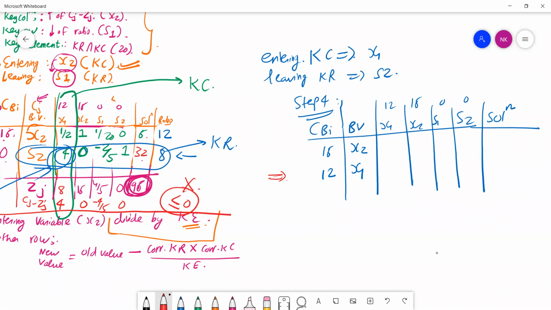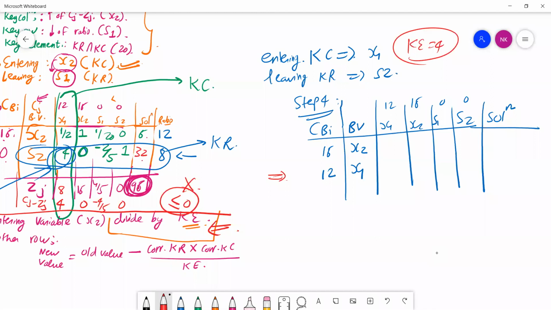The entering variable is x1. For the calculation of the entering variable values, you just divide by the key element. The key element is 4, so divide all the values by 4. 4 divided by 4, it's 1. 0 divided by 4, it's 0.